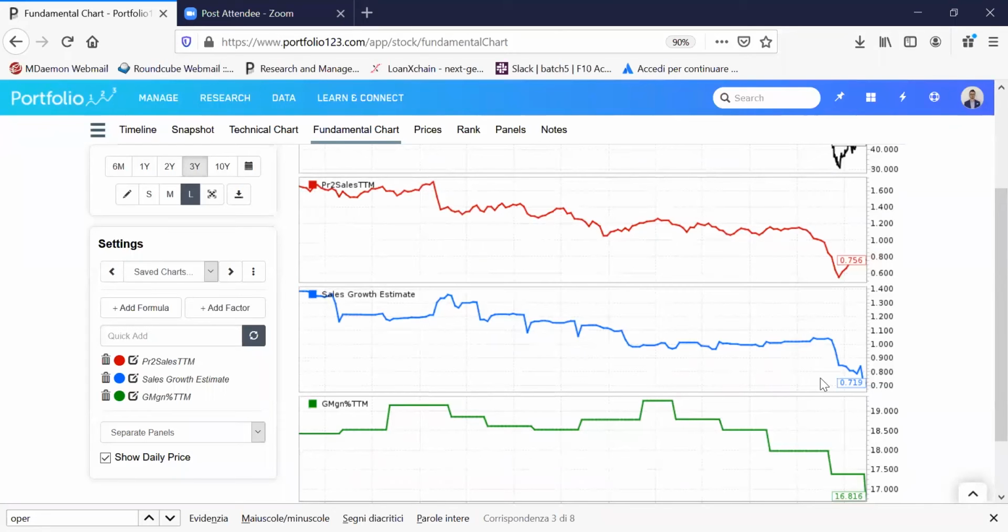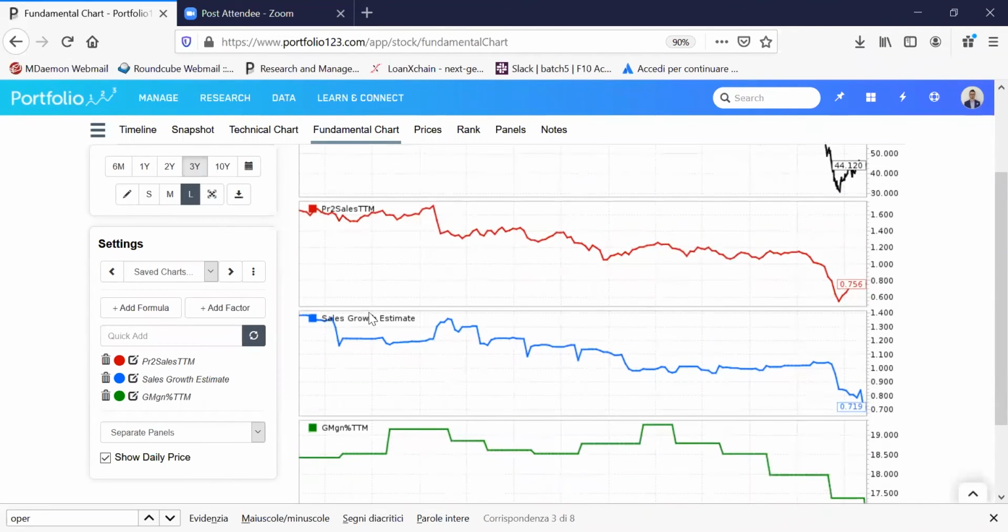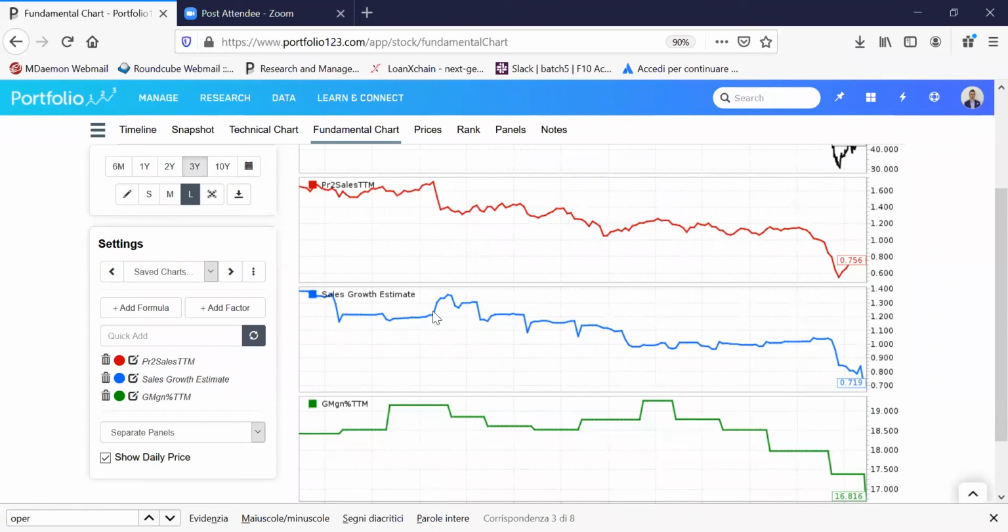So at the end of the day, we can say that valuations are reflecting what is expected by the market in terms of margin and sales. In this case, we don't yet have an estimate for different margins like EBITDA and gross margin, which are different margins on the income statement derived by subtracting different expenses from total revenues.